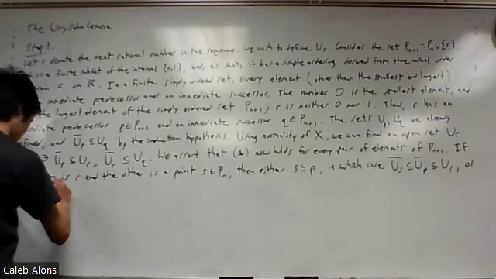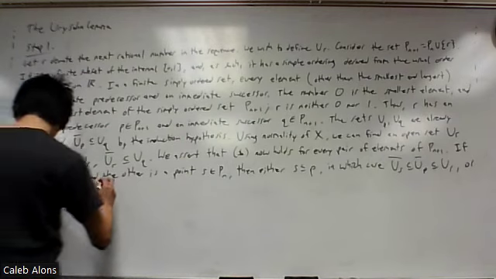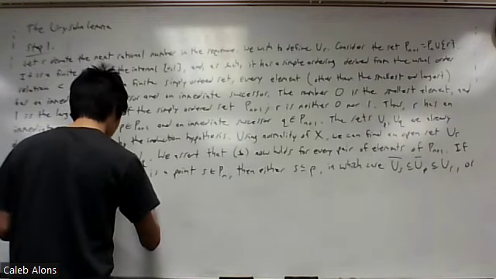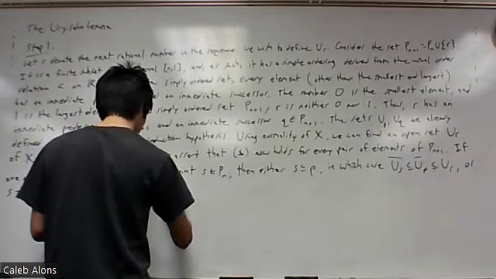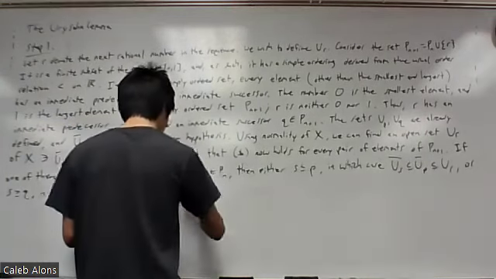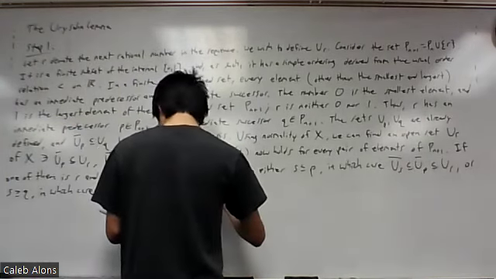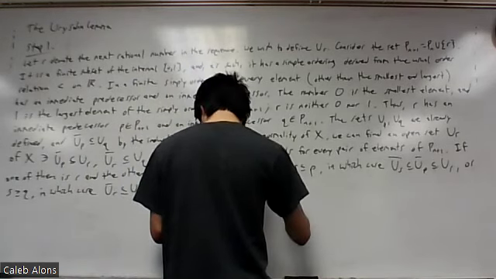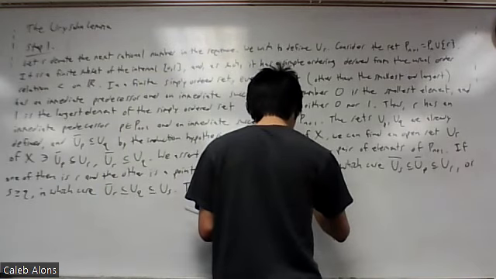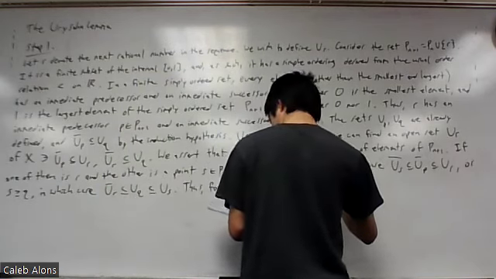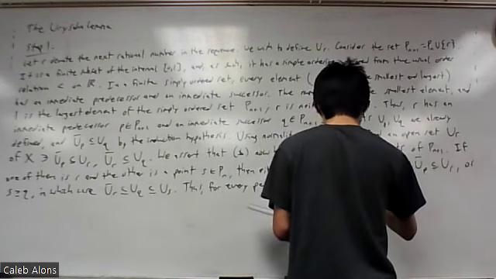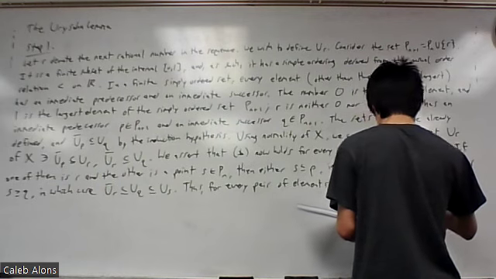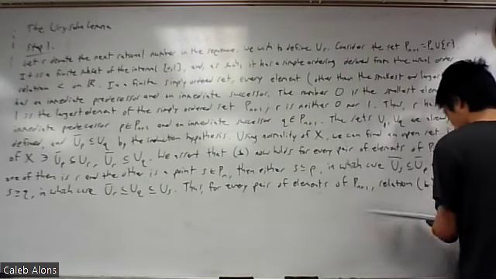And in this case, the closure of U sub R would be contained by U sub Q, which is contained by U sub S. Thus, for every pair of elements in this P sub n plus 1, the relation as given by star earlier still holds.